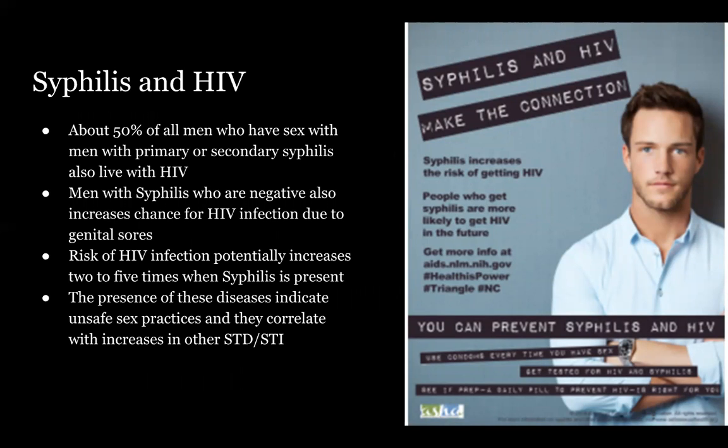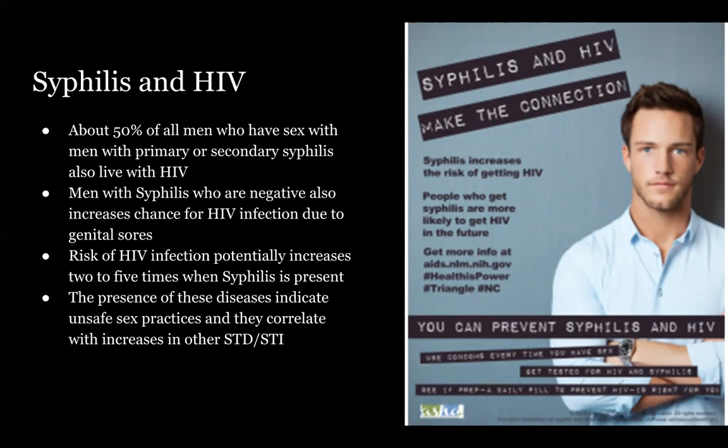Syphilis and HIV. In the United States, approximately half of men who have sex with men with primary and secondary syphilis were also living with HIV. In addition, men who have sex with men who are HIV negative and diagnosed with syphilis are more likely to be infected with HIV in the future. This is because the genital sores caused by the bacteria make it easier to transmit and acquire HIV infection sexually.